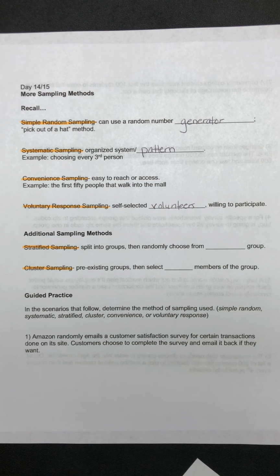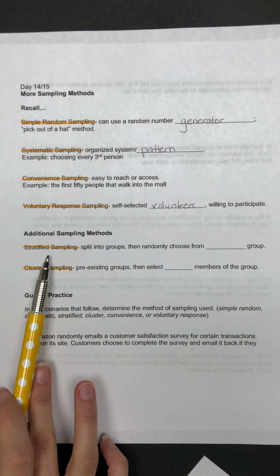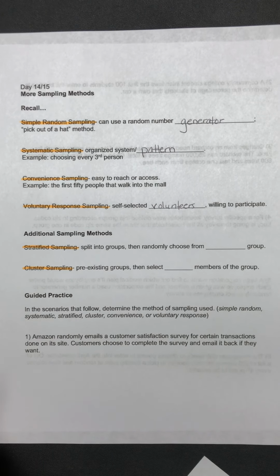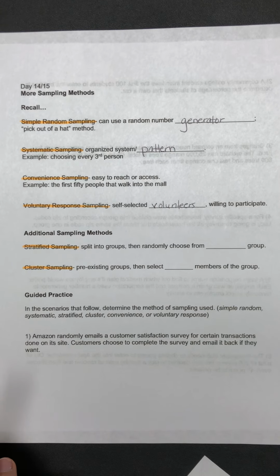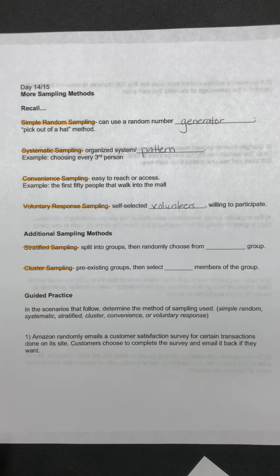So some additional sampling methods that we are going to learn about are stratified sampling, which is this first one here, and then cluster sampling. So these are two sampling methods we're going to add on to the ones that we've already learned. Stratified sampling is when you split people or things into groups, and then you randomly choose from each group.